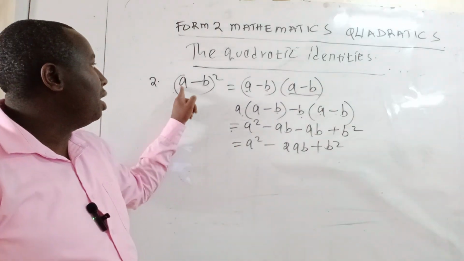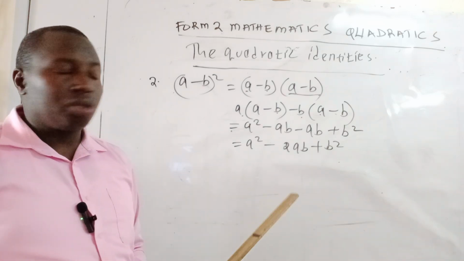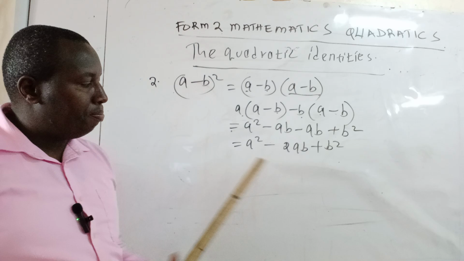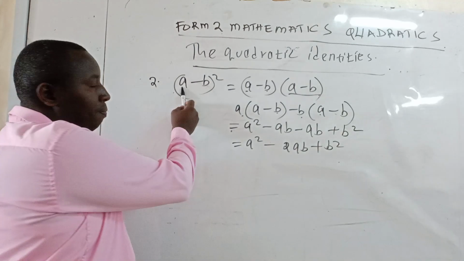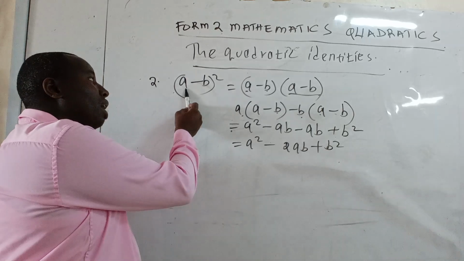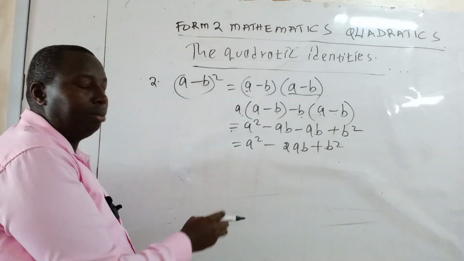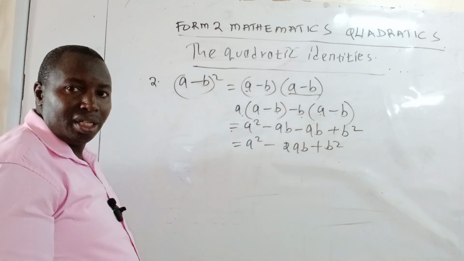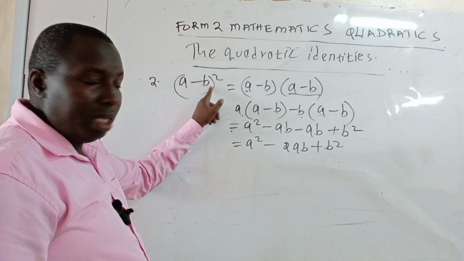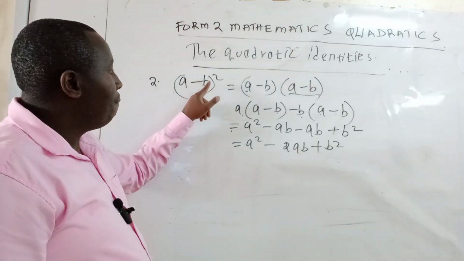So when you want to expand (a - b) squared using this identity, the first term becomes a squared, and the last term becomes minus b squared, which is plus b squared. The middle value will be 2 times a times minus b.